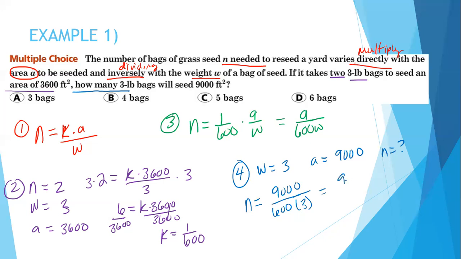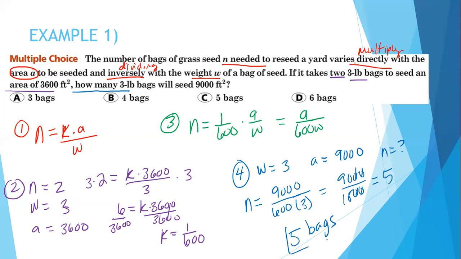That gives me 9,000 divided by 1,800. Divide each by 100, and that leaves me with 90 divided by 18. And what is 90 divided by 18? 5. So my answer would be 5 bags.